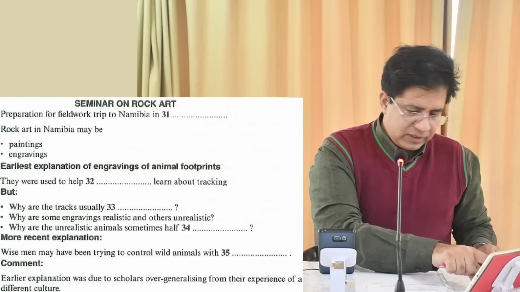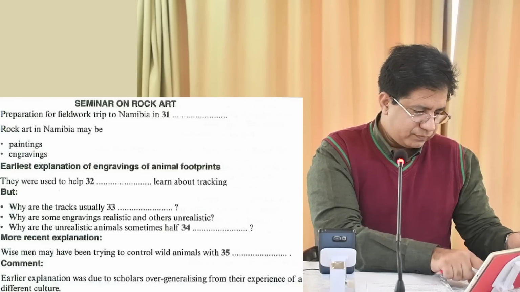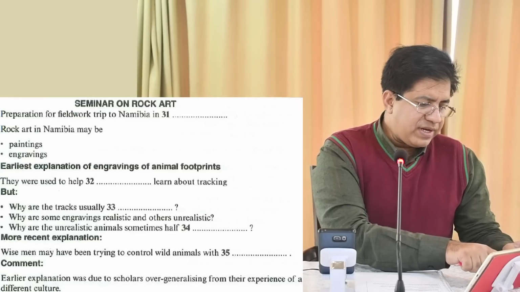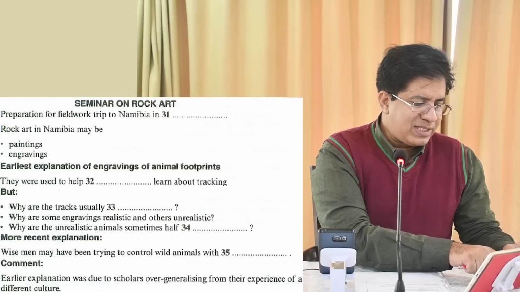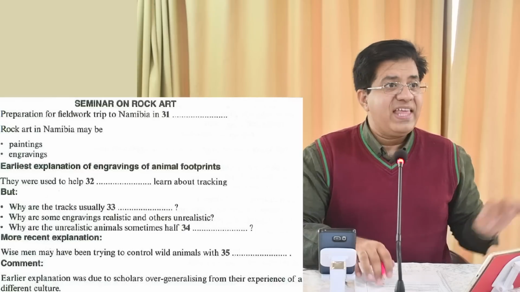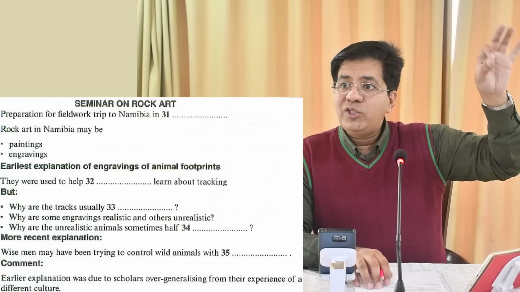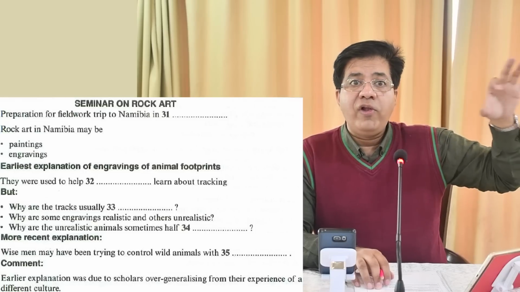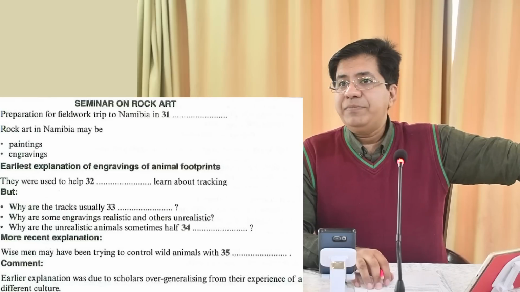Question number 35. More recent explanation. Wise men may have been trying to control wild animals with now something, a tool or a device or something they use to control the wild animals. Right?